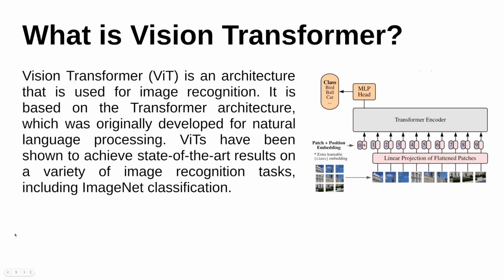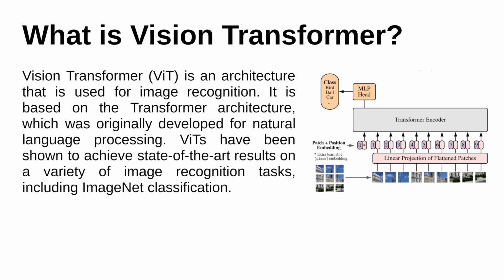So next is, what is vision transformer? As vision transformer is an essential part of this UNETR, so we'll study a bit about it. Vision transformer is an architecture that is used for image recognition. It is based on the transformer architecture that was originally developed for natural language processing.